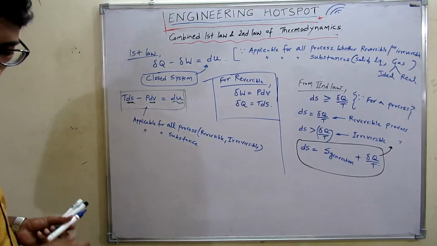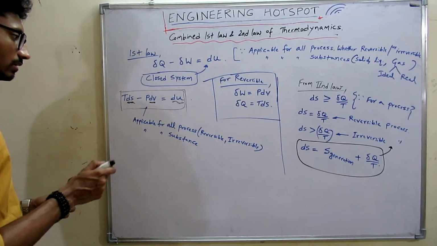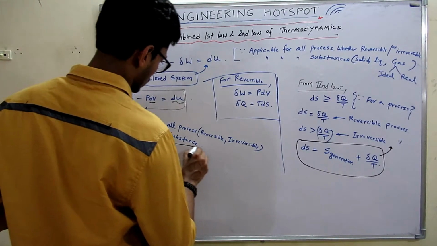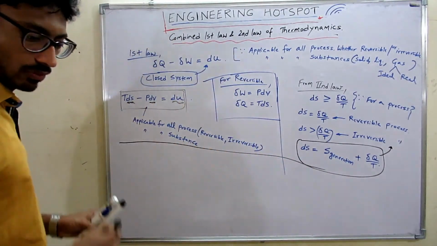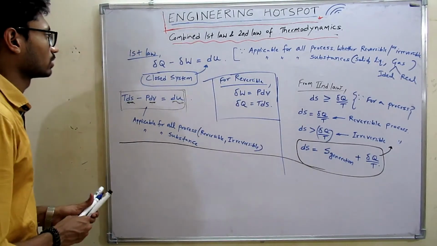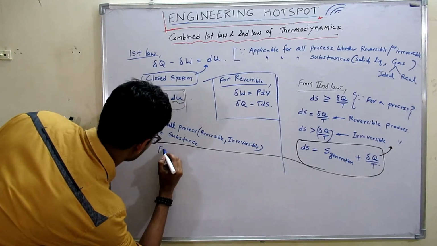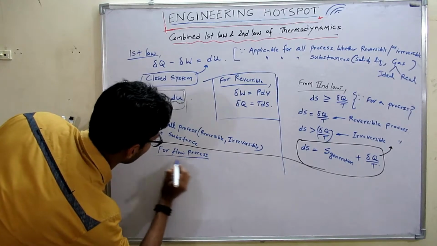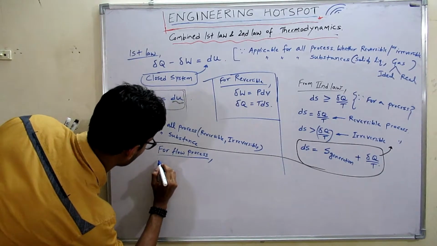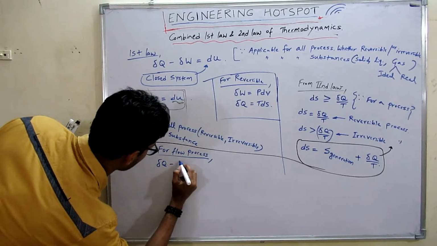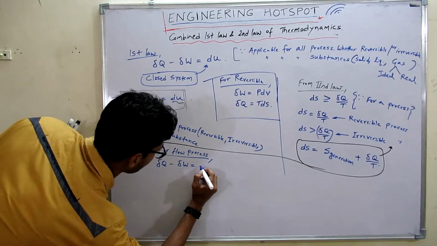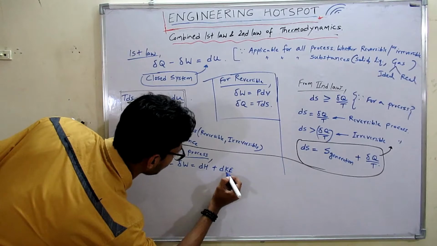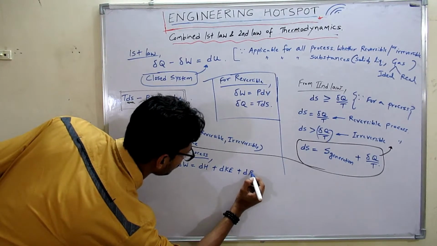Now if you try to write the similar equation for a flow process, basically steady flow process, you know delta Q minus delta W is equal to dH plus dKE plus dPE.